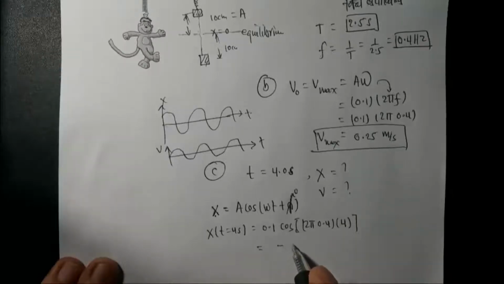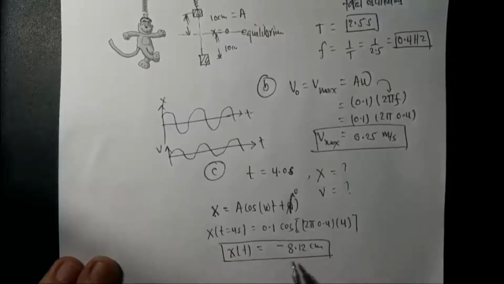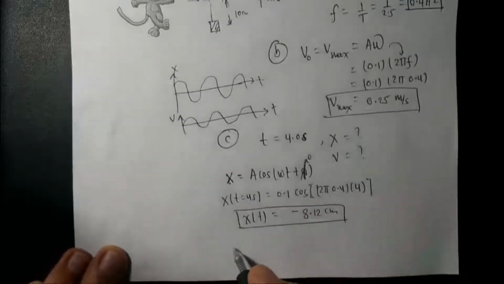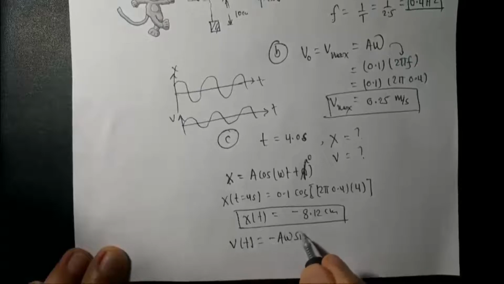So negative 8.1, converted back, so at 4 seconds this is the position. Position could be positive or negative; it just turned out negative. Similarly, the velocity function is given by negative A omega sine(omega t plus phi), because the derivative of cos is negative sine.